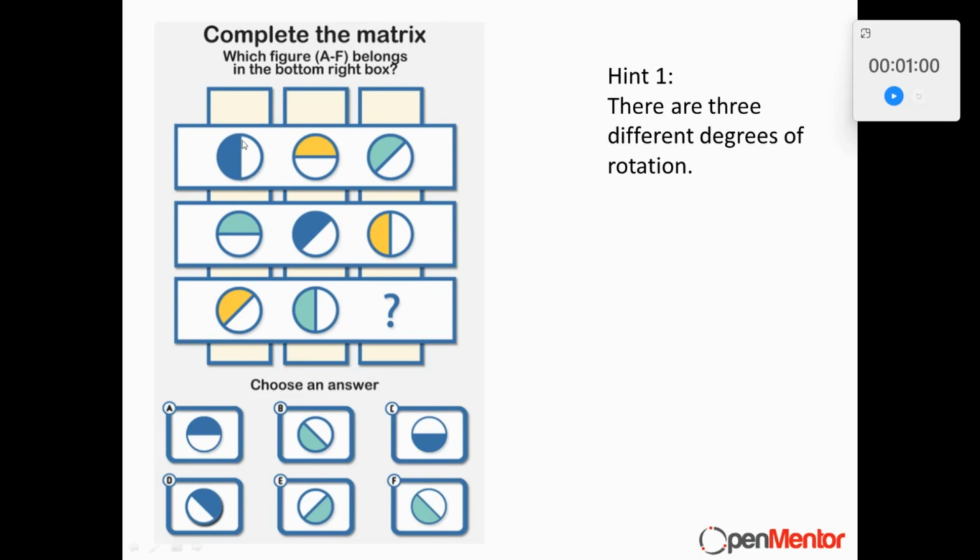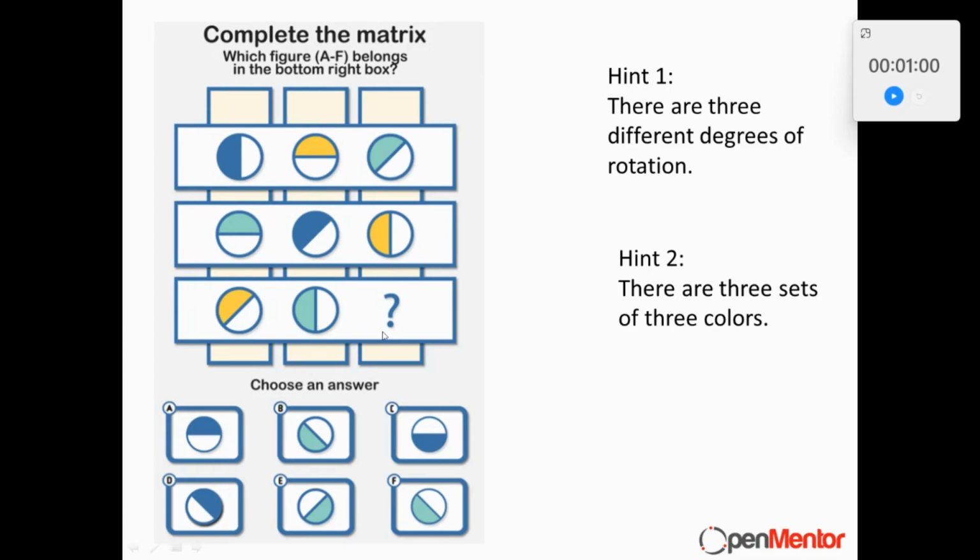This is here, and this is turned this side, and this is turned this side. And here you have again, it is turning this side, this side, and this side, turning in the clockwise direction.